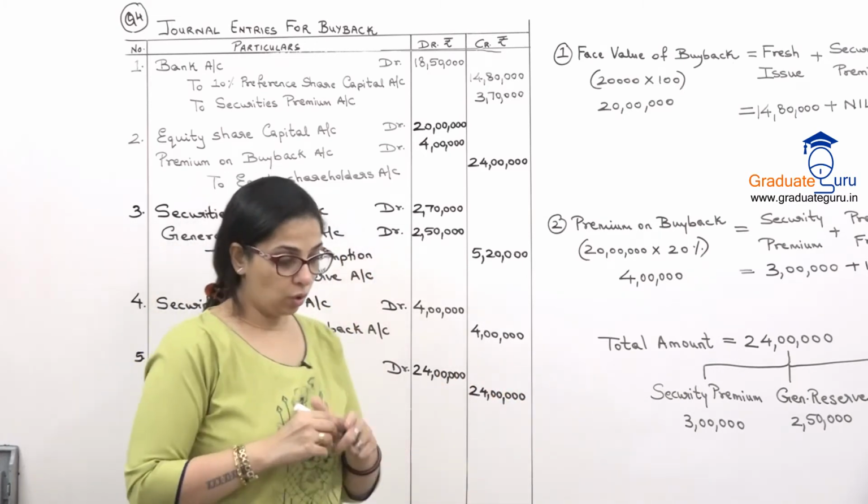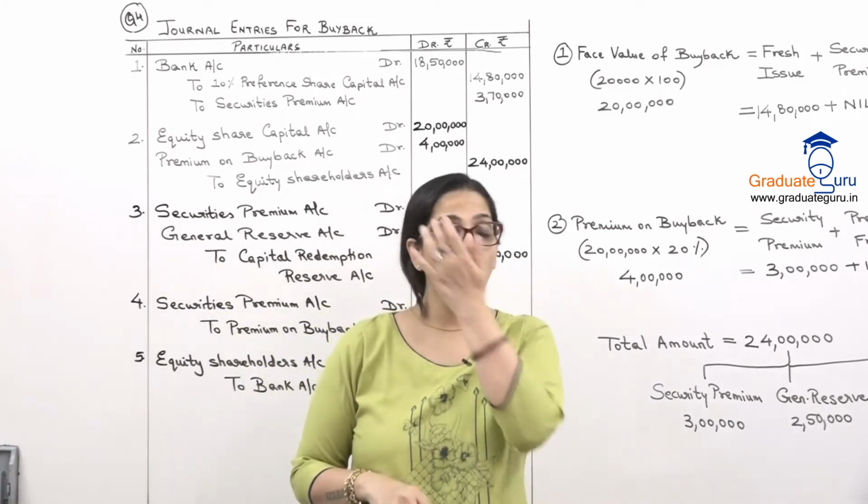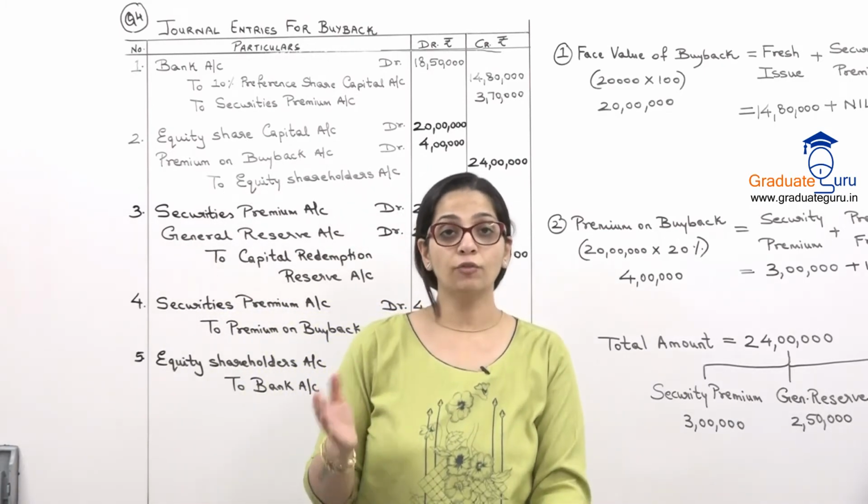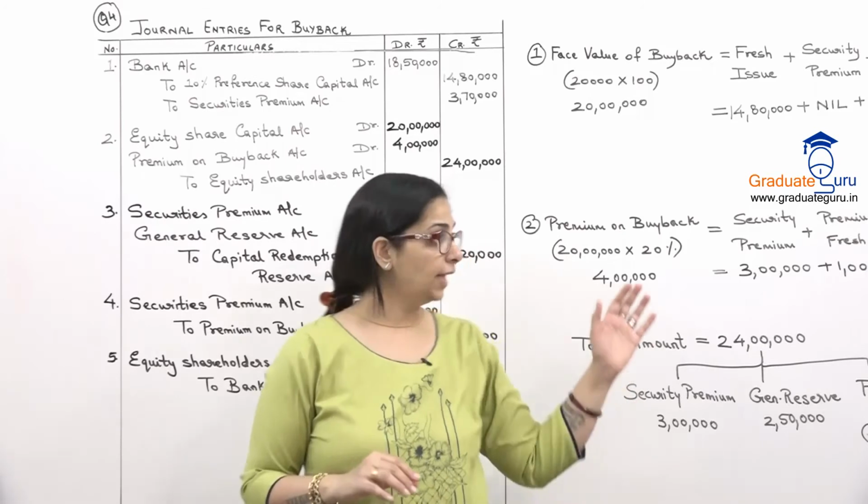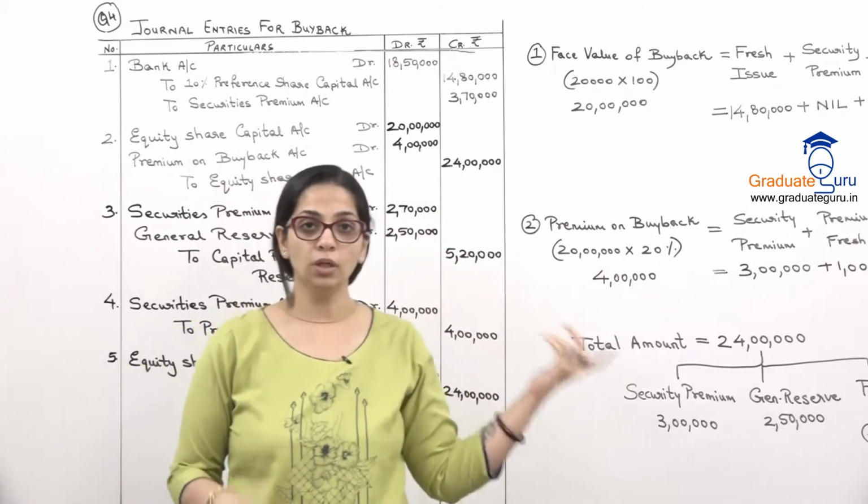Okay, so this is how we calculate the amount of fresh issue. अगर वो sum में missing है तो take this down and then we go ahead to the next sum.